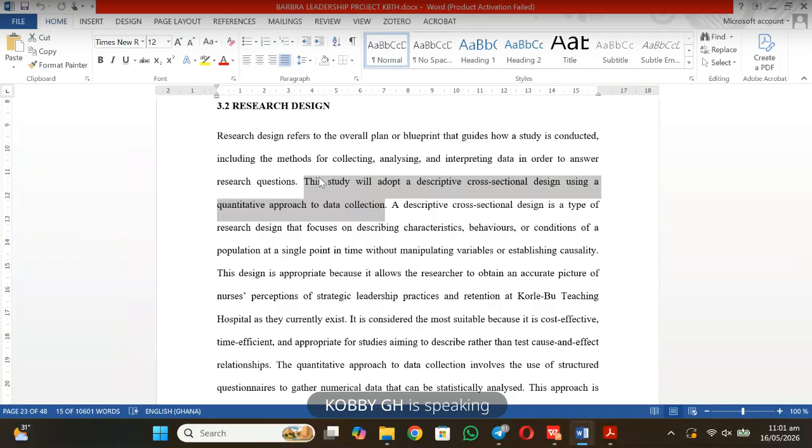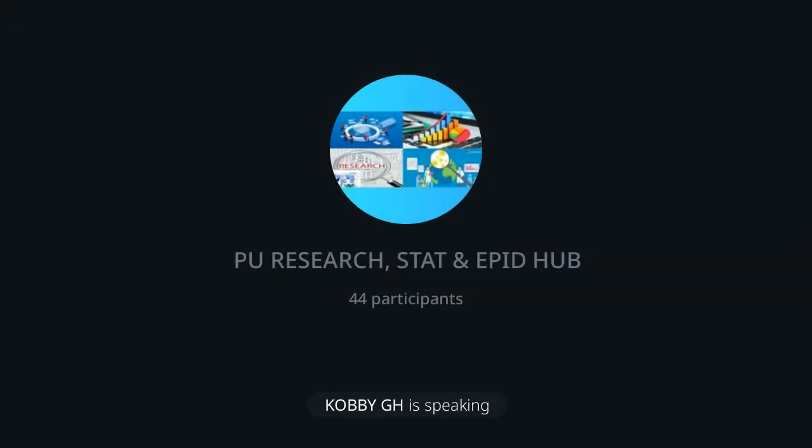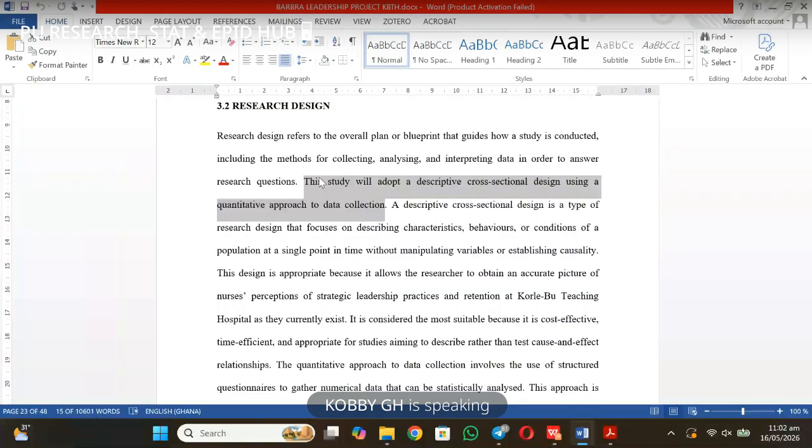Exploratory research design is the same as qualitative studies. It's the same thing, just that this is how we want you to construct the sentence. So if you are going to use an interview guide, you write, this study would adapt exploratory research design using qualitative approach to data collection.